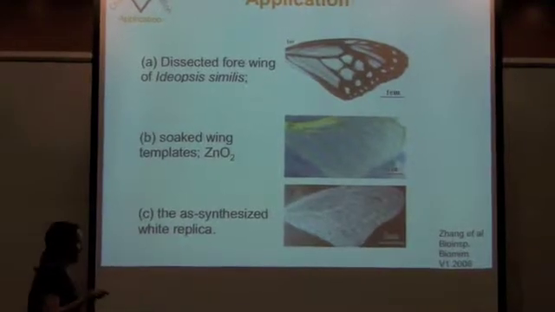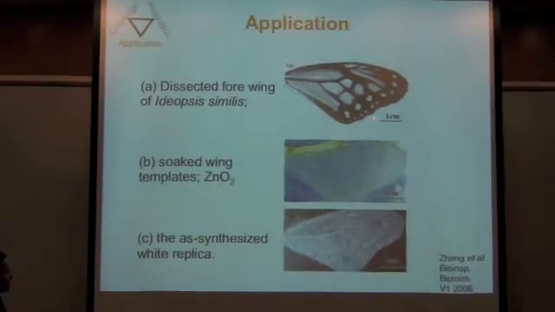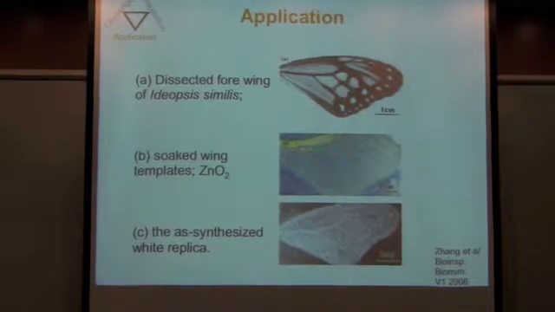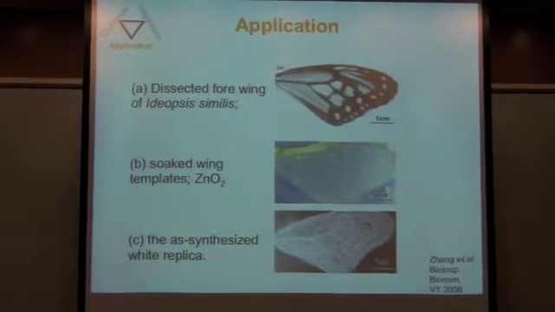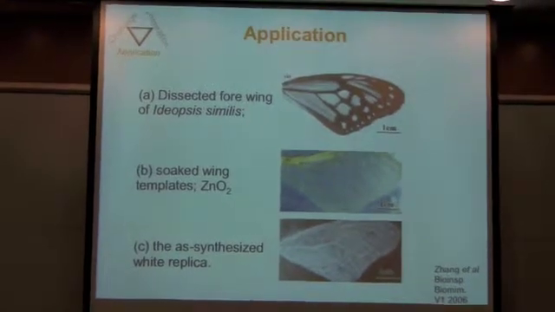And then if you shine a light on it, you may get a similar color as here. So your replica is actually sort of a stamp of the actual wing.